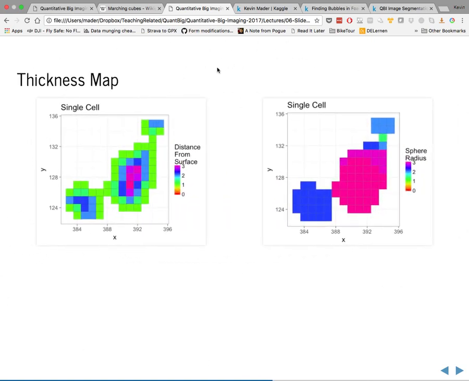And so if we take the thickness map, we go back to our very simple cell object, and here was the distance map that we had before. We can then create a thickness map from it, which greatly simplifies the map. Rather than having all the points at the border be 1, we have all the points inside an object that's mostly spherical being the same radius 3.